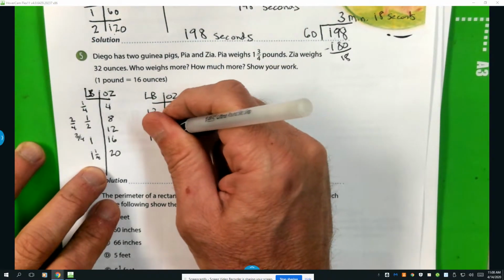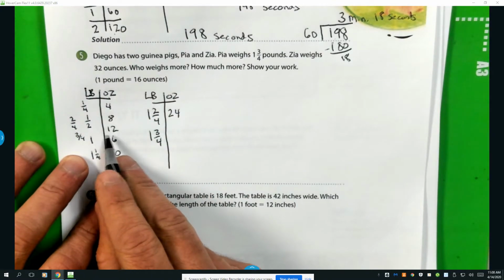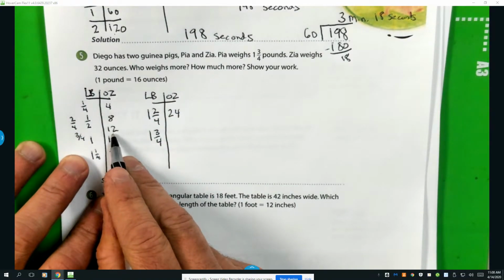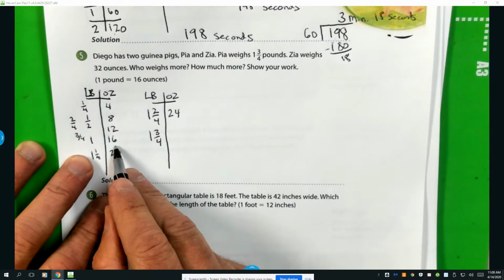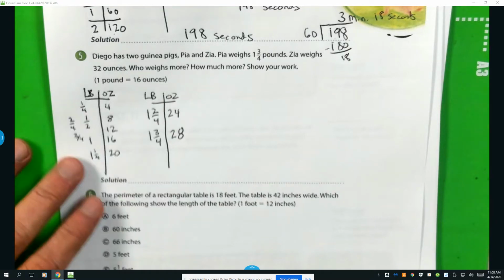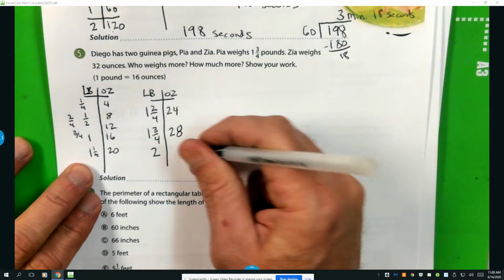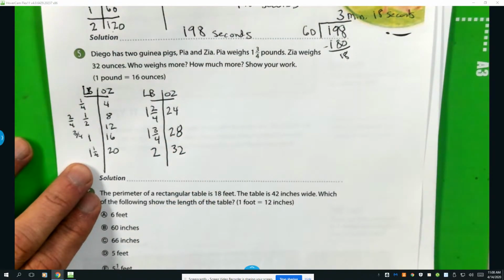And then 1 3/4 pounds: 3/4 is just 12 ounces, so I'm going to take 12 plus 16, and I'm going to get 28 ounces. Okay. And then 2 pounds is 32 ounces.